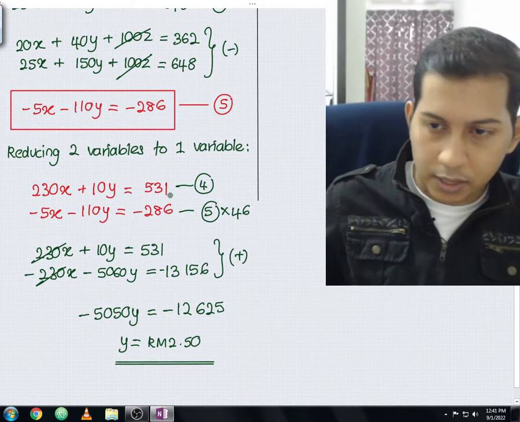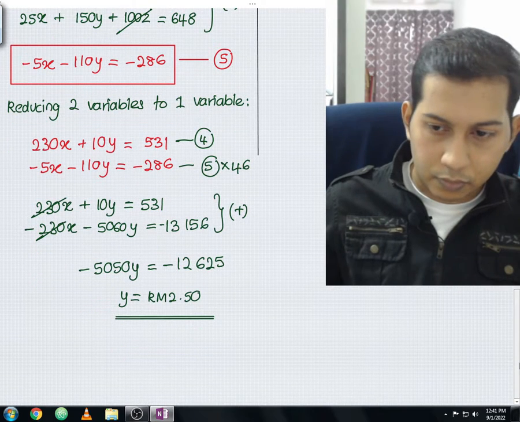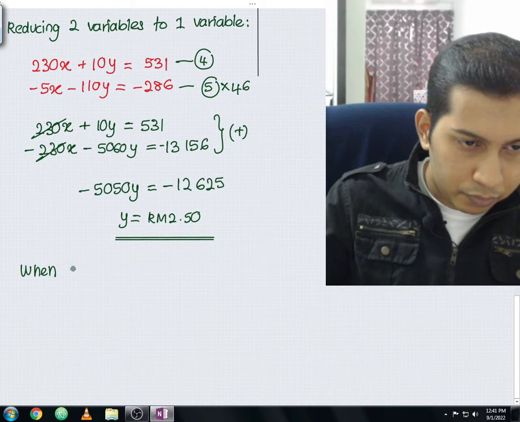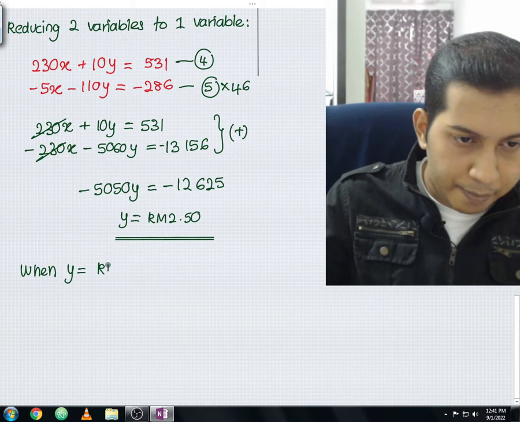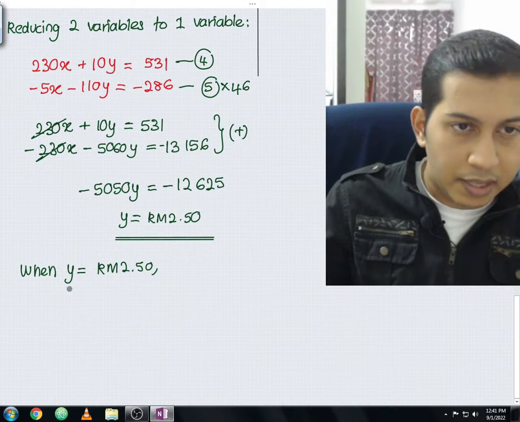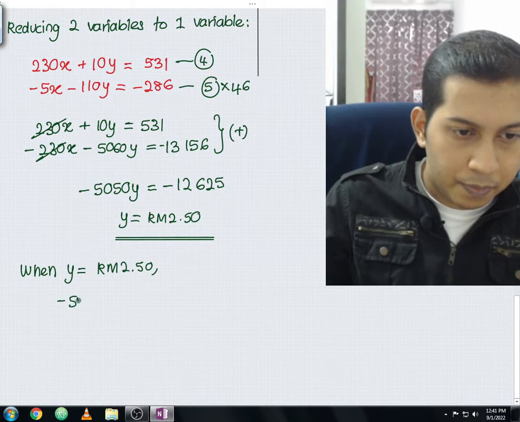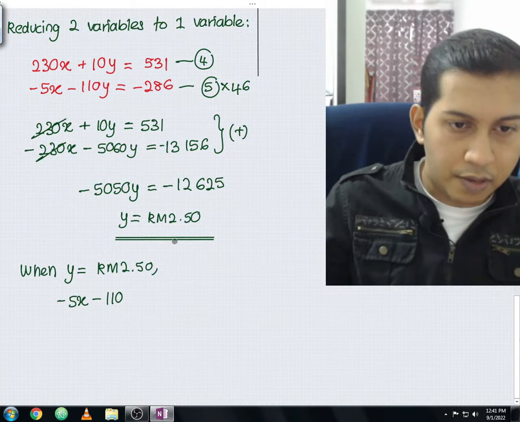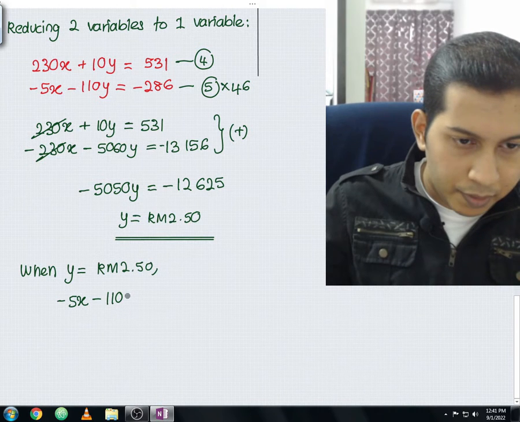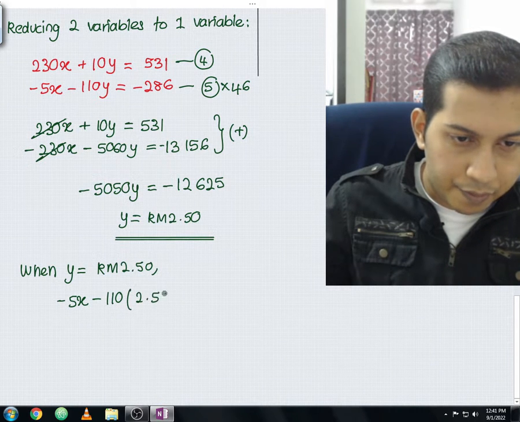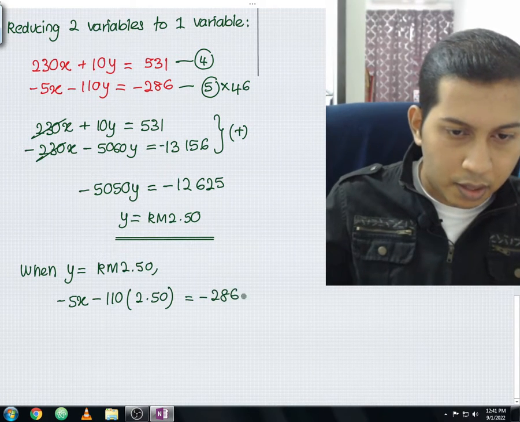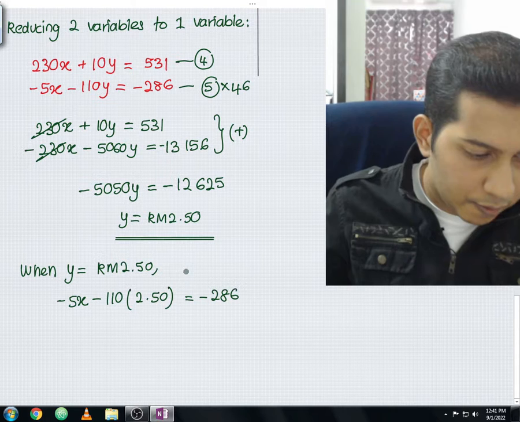So when y equals RM 2 ringgit 50 cent, negative 5x minus 110, you substitute in the y value, which in this case is 2.5, equals to negative 286.